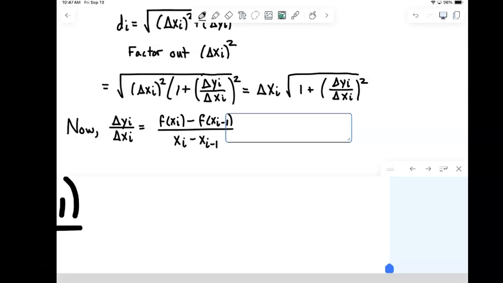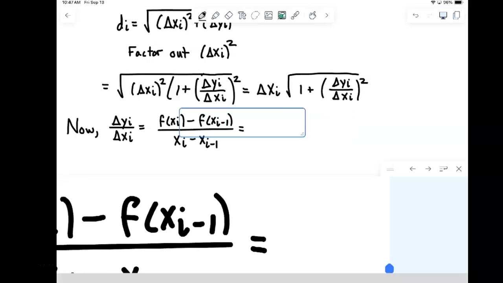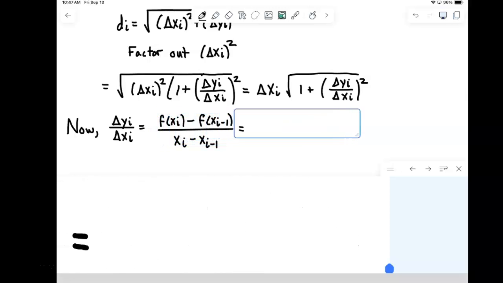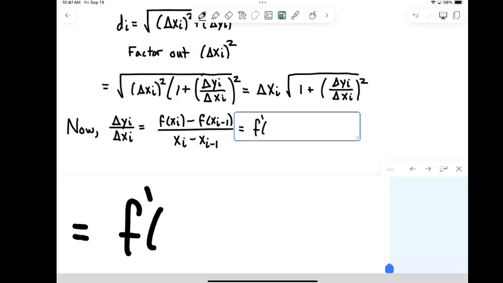And we had a result that said for a nice function, a differentiable function, that the slope of the secant line is always equal to the slope of the tangent line for some point in that interval.